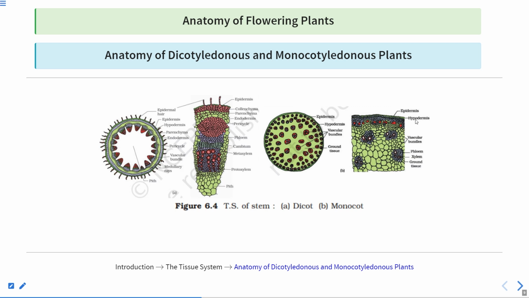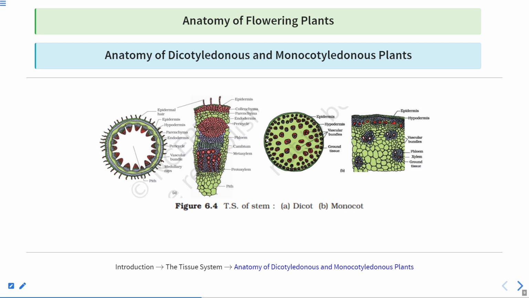Now coming to the hypodermis. Here it is made up of sclerenchymatous tissue, whereas in the dicot you can see collenchymatous tissue. A cortex region is there in the dicot, but no cortical region is there in the monocot. The vascular bundles are scattered all over.